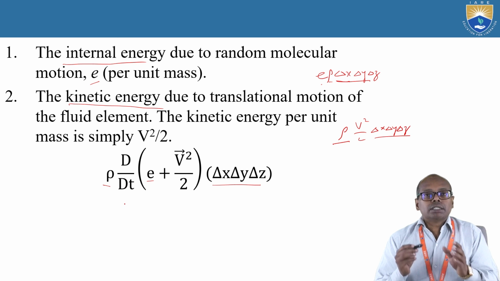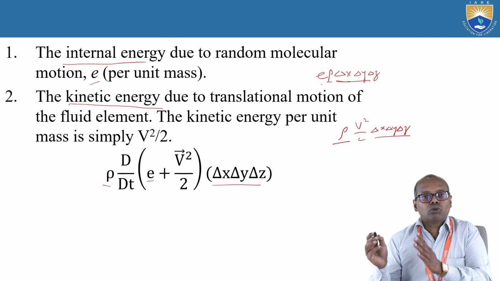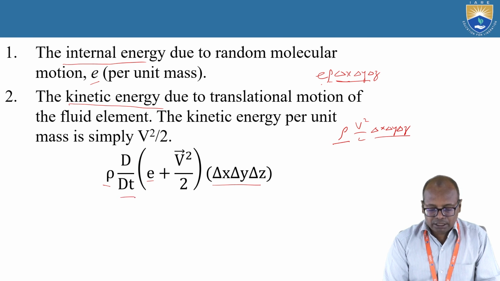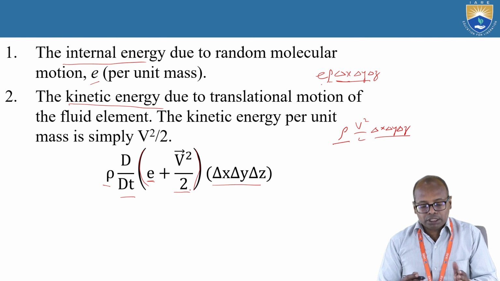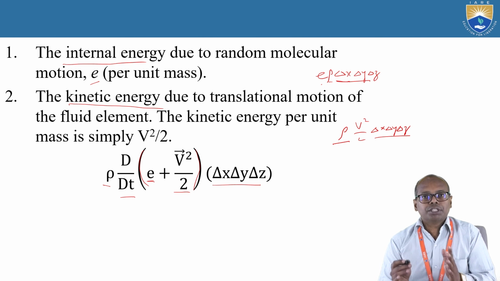The time rate of change of any quantity is given by the substantial derivative. That is why it is given as D by Dt of the sum of the internal energy and the kinetic energy. So this is the time rate of change of energy of the element.